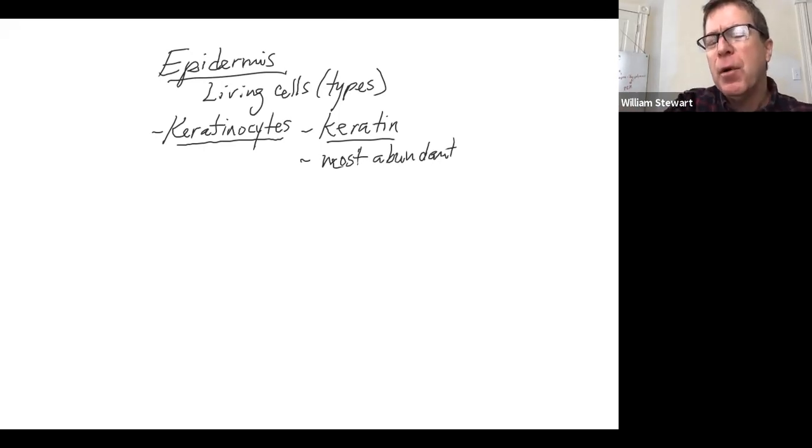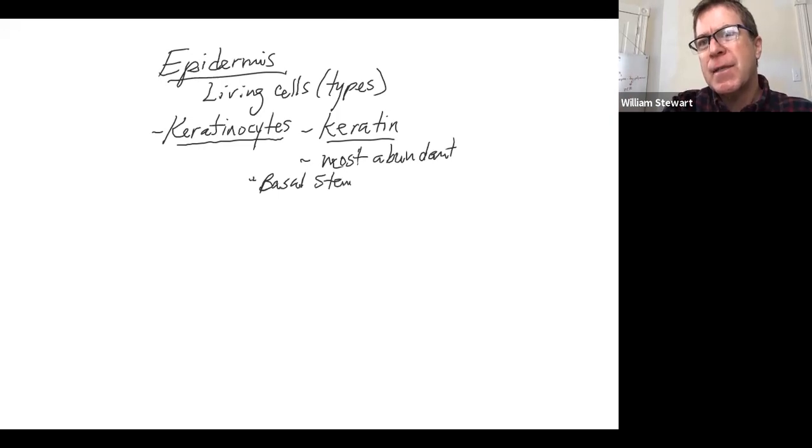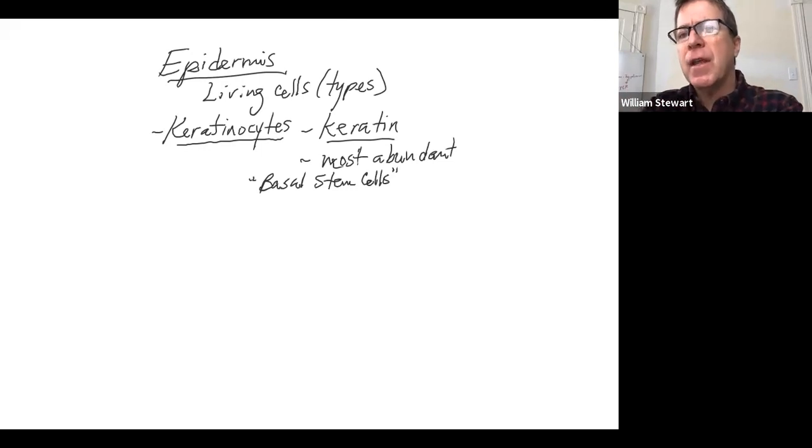We also, I'm going to put under keratinocytes this term basal stem cells. These are stem cells found in the deepest layers of the epidermis that give rise to keratinocytes.